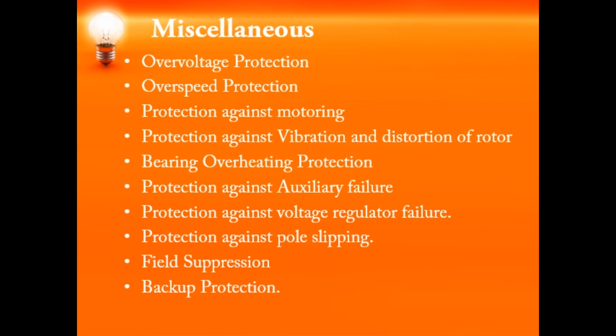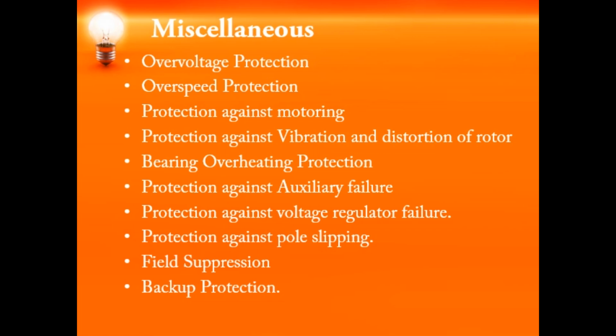Next is overspeed. Usually a turbo generator is provided with a mechanical overspeed device. The speed governor will control the speed, and it is designed to prevent any speed increase even with 100% load rejection.